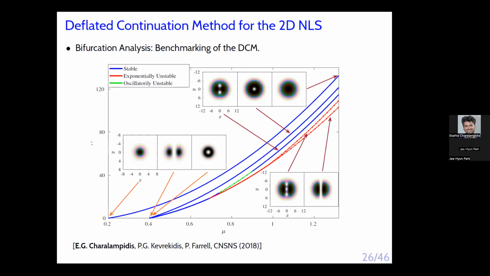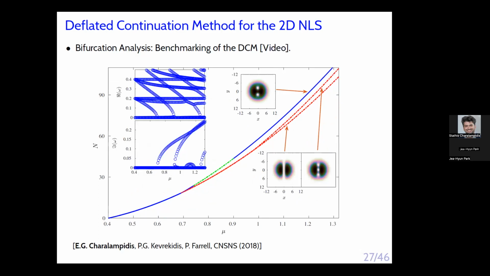Now, all those solutions that I'm showing here have been found previously, and my coloring here has to do with the stability of those solutions. The solid blue corresponds to stable solutions, red and green to exponentially unstable and oscillatory unstable solutions. Just to give you some info about why this emergence of new branches is happening. It's happening because in dynamical systems, there is the so-called pitchfork bifurcation.